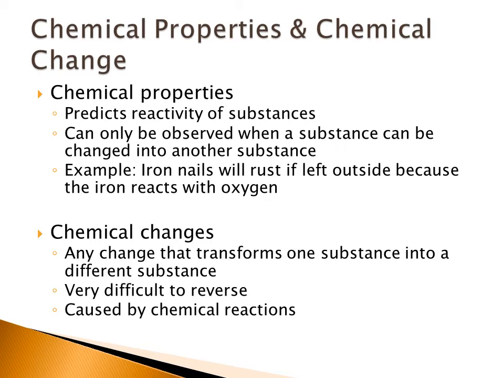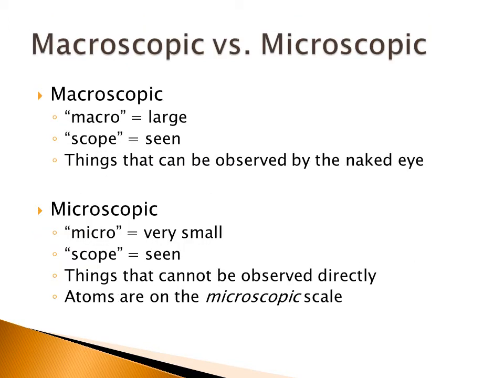It's no longer just iron and elemental oxygen. Now it's iron oxide. So it's a different substance and it behaves a different way. And it's very difficult then to rearrange the atoms again to get them back to their original starting point. And so chemical changes are those that are caused by chemical reactions.